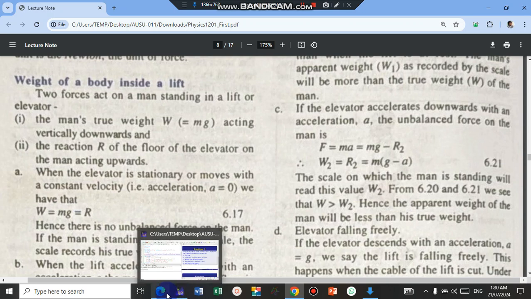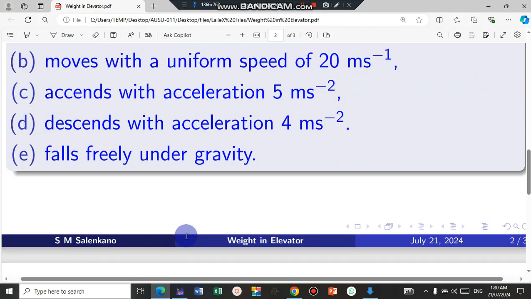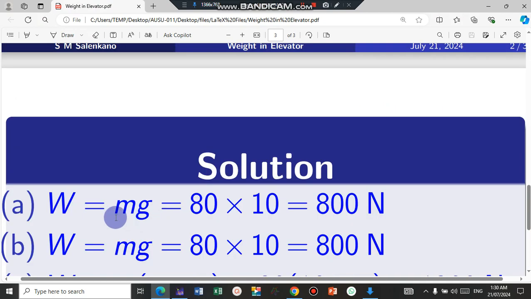So in our solution, we can say the weight of the man equals mg, and this is equal to 80, the mass of the man, times g, acceleration due to gravity. We know that as 10 meters per second squared, so 80 times 10 will be 800 newton, and that is the weight of the man when the elevator is stationary.